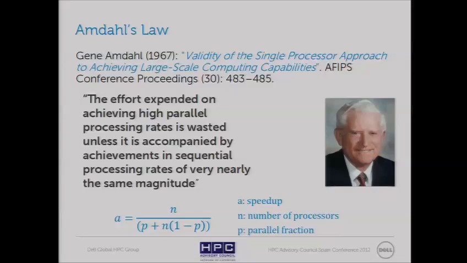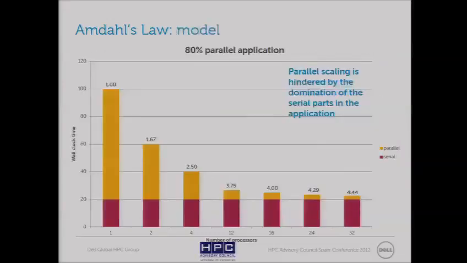And that speed up factor you can put into a formula that you see down there. If you translate that formula into a graph, and here I have shown a model where I say that my application is 80% parallel. So 80% of my app code runs in parallel, and 20% still runs only in serial.